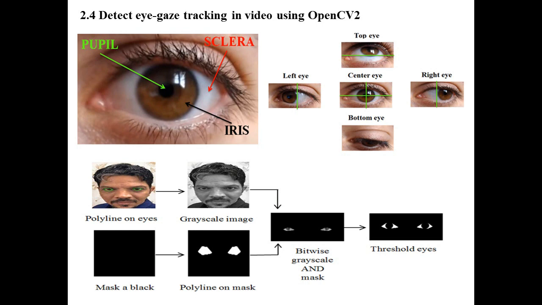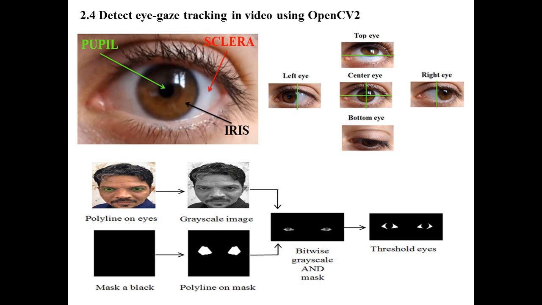When looking left, the sclera covers the eye on the right side of the pupil and iris, and the pupil and iris are located on the left side. The rest works the same way, as shown in the figure. Using the NumPy library, a polygonal outline is drawn around the eye region that includes the sclera, the iris, and the pupil to create a matrix with 6 points for the eye landmarks.